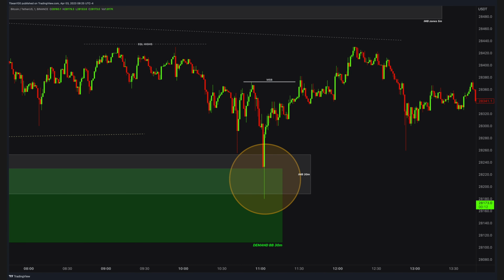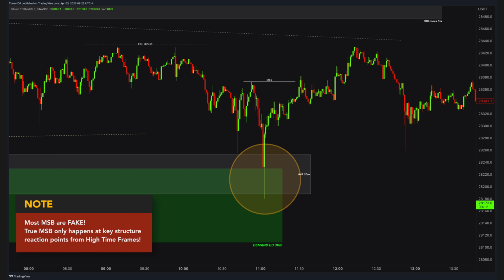Look at this drill. This is my high time frame POI, point of interest, which price drills to, the 30-minute imbalance and the breaker block area. So, you cannot use every single market structure break. Most MSBs are fake. You have to select the ones which are at key points.